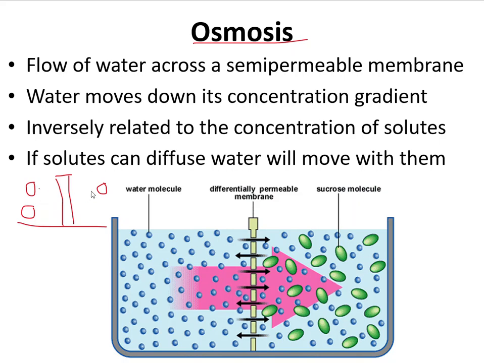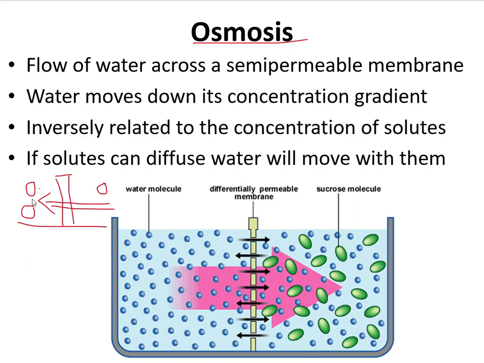I have more of this over on this side than this side, but these particles are not able to move to correct it. What's going to happen, assuming this is permeable, is that I'm actually going to get water that's going to move out here until the concentration is equal. All osmosis is diffusion of water. When does water move? When the particles can't. That's it, guys.